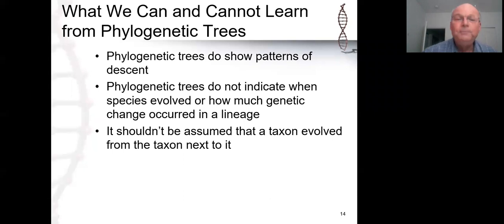Now, I can tell you at this point, for a couple of editions of the textbook, a discussion of these specialized phylogenetic trees that do show genetic change or geologic time points was dropped from the book because people were very adamant that you can't draw phylogenetic trees that illustrate that material.